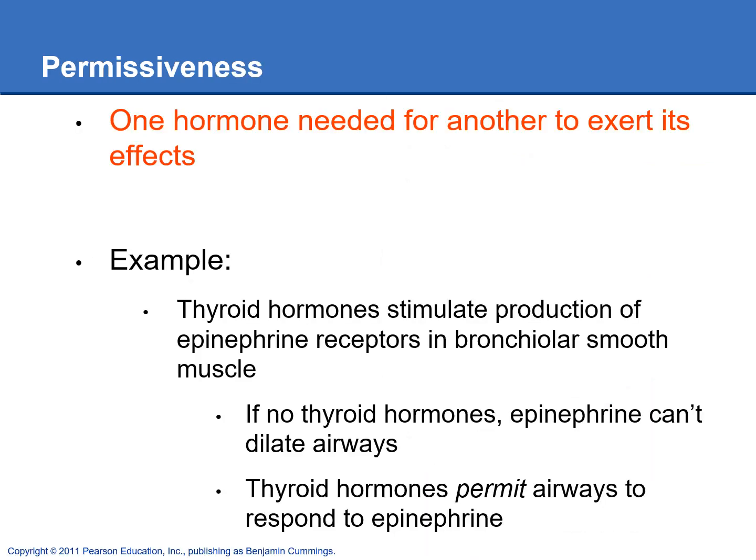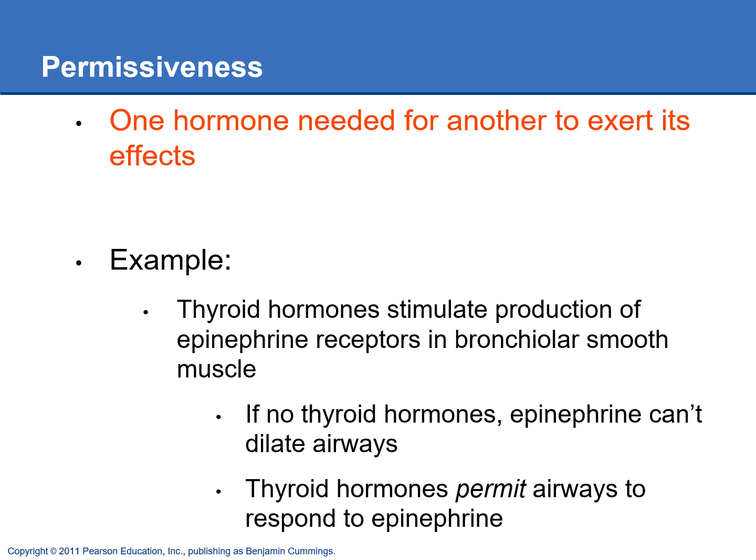And then the last hormone interaction is called permissiveness. And this is where one hormone permits the other one to work. So an example here is thyroid hormones. So they stimulate the smooth muscle in the bronchioles to produce epinephrine receptors.